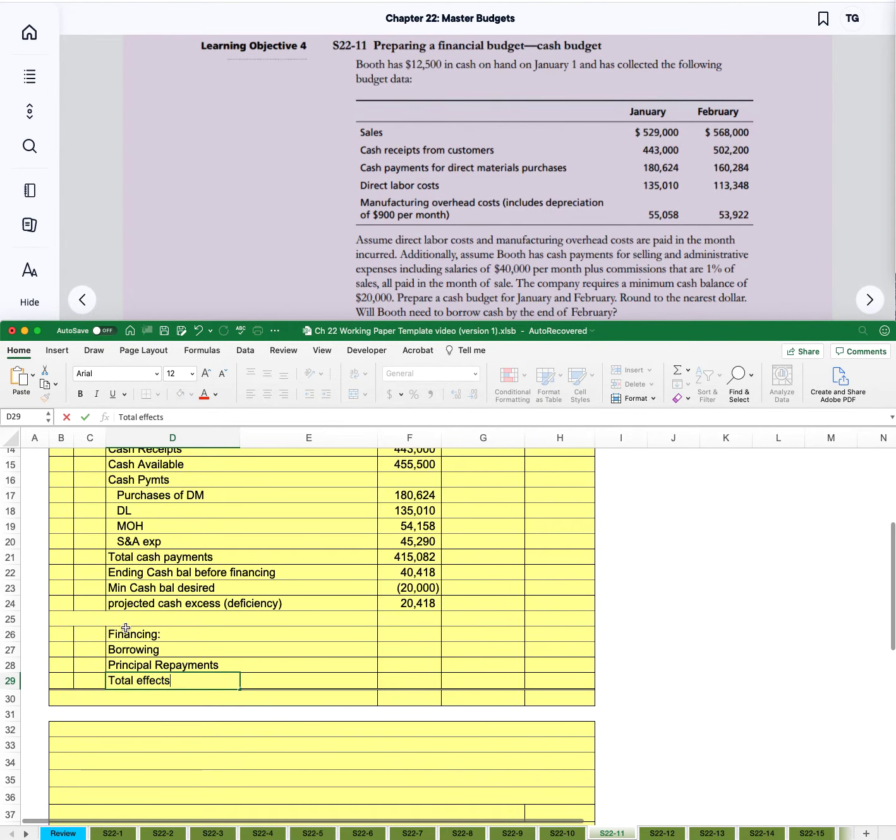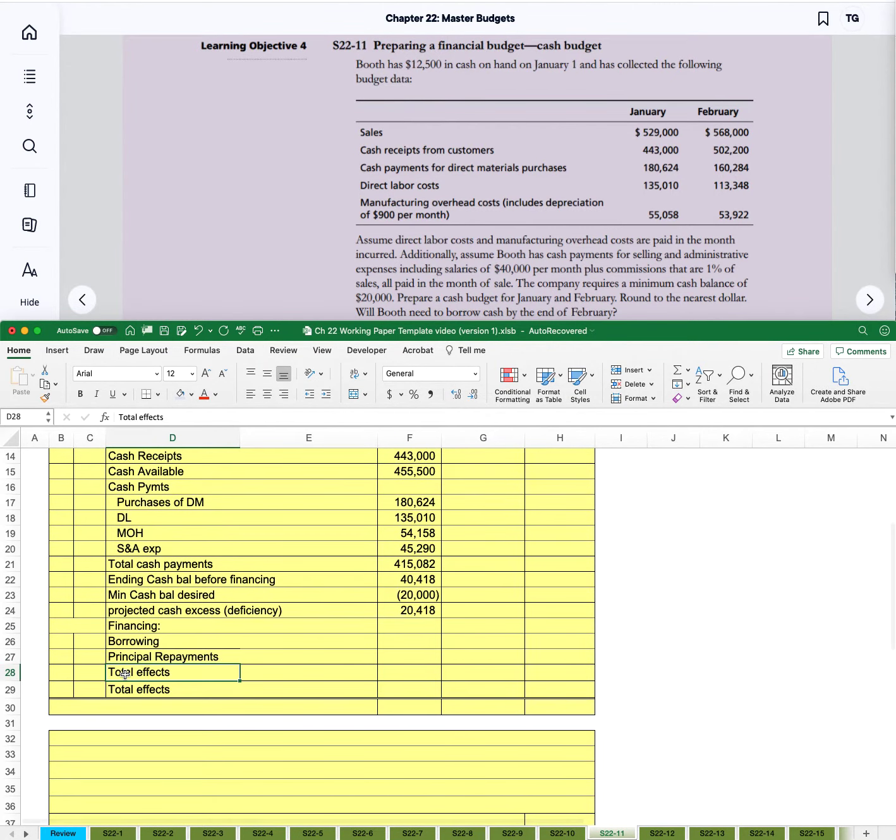I think it actually wanted me to list this up because we're going to run out of room. That'll give us total effects of financing. And finally, an ending cash balance. So in this case, because we have a cash excess, we have more than our required ending balance.